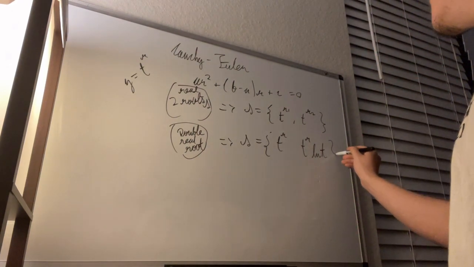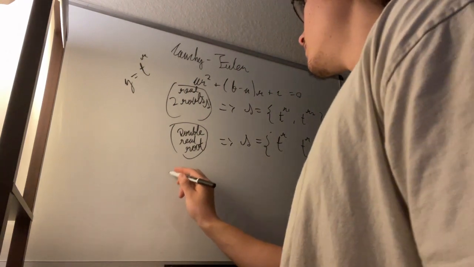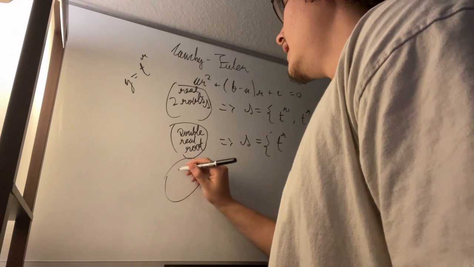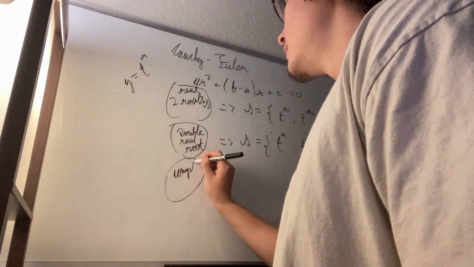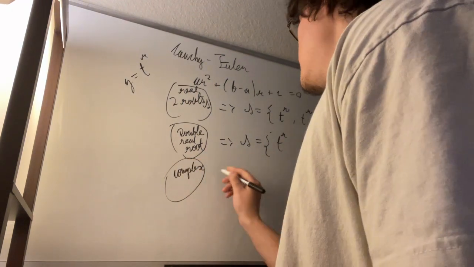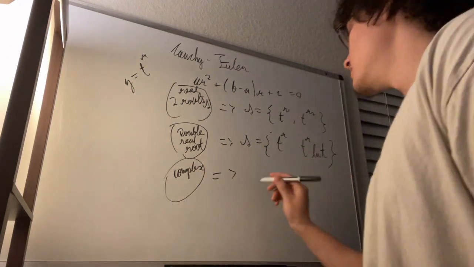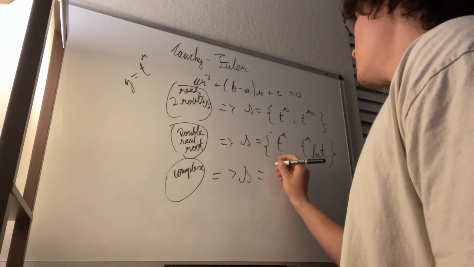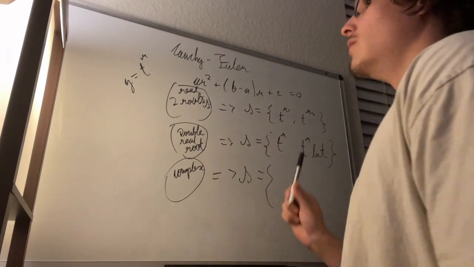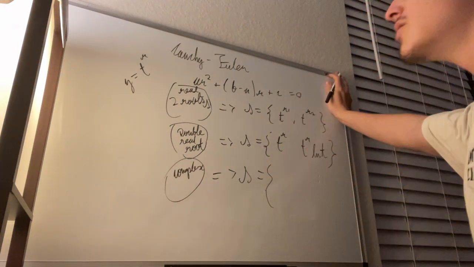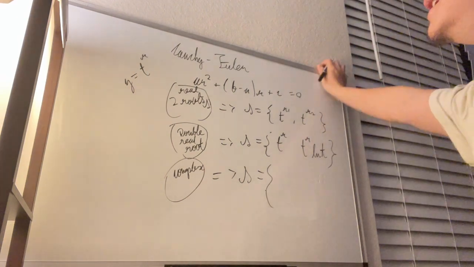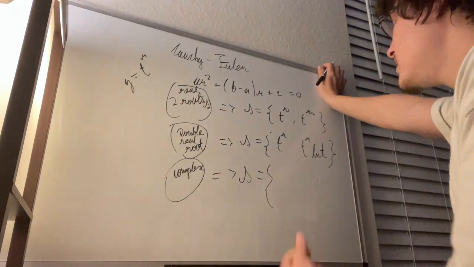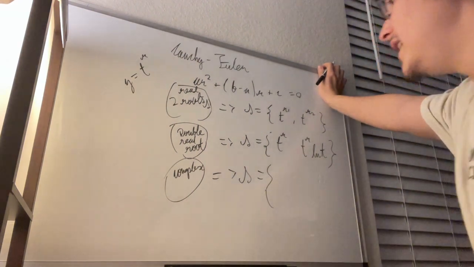Right? Now, if your solution set to the quadratic equation is going to be complex, remember what we did for the homogeneous equation, it was equivalent to e to the power of alpha t cosine of beta t, and e to the power of alpha t times sine of beta t.